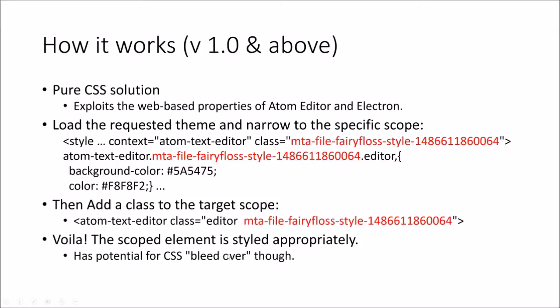There is a potential, though, for what's called CSS bleed, what I'm calling bleed-over. It's a cascading style sheet, so you have multiple style sheets. A higher-up style sheet can have a rule that takes precedence over one that is closer in scope.